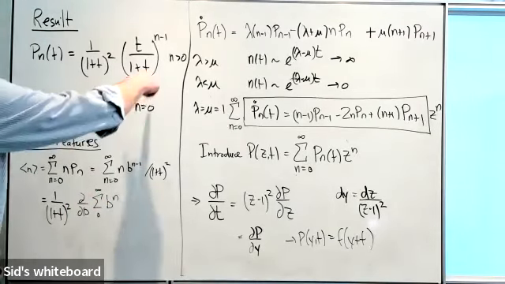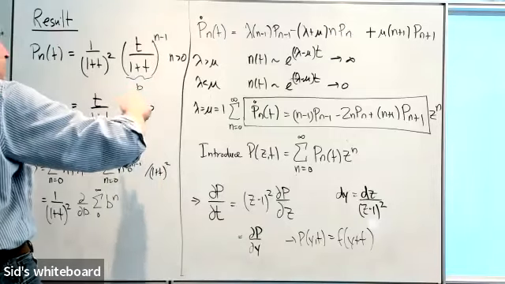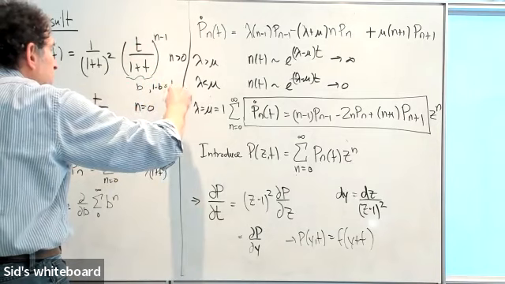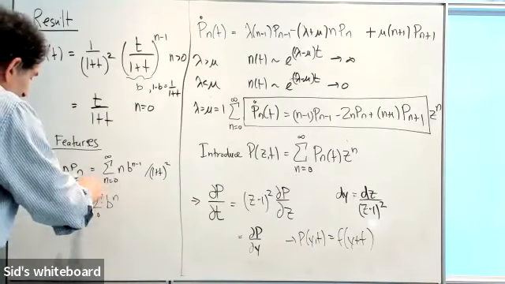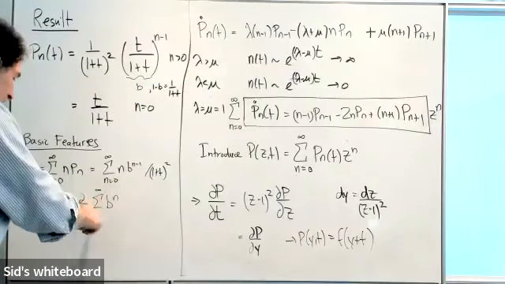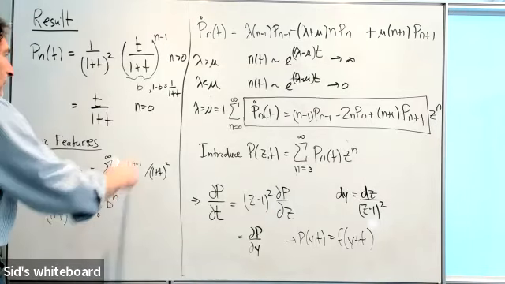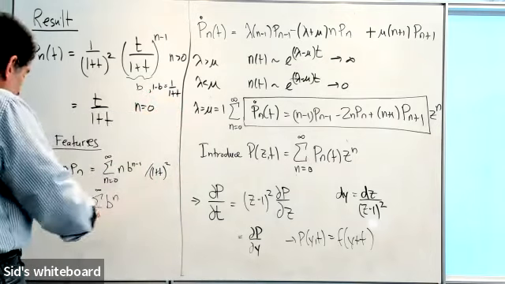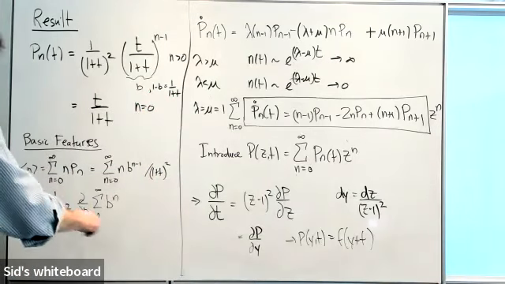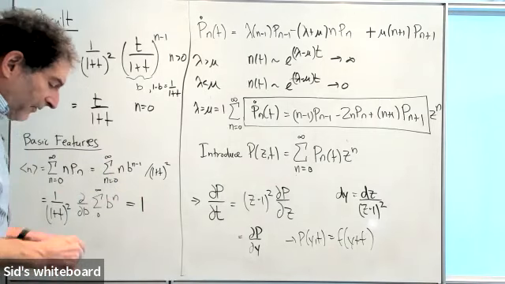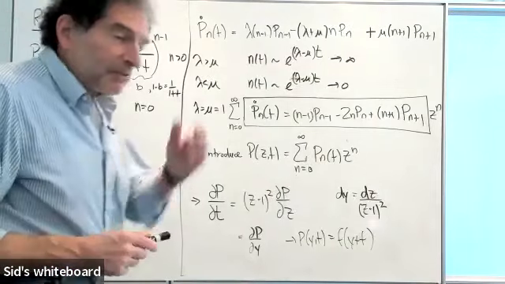And you see from this form here that if b is t over 1 plus t, 1 minus b is equal to 1 divided by 1 plus t. So I'm going to have 1 minus b squared, but 1 minus b is 1 over 1 plus t, and that cancels the 1 over 1 plus t squared here. We're going to get 1. So the average number of cells is equal to 1.